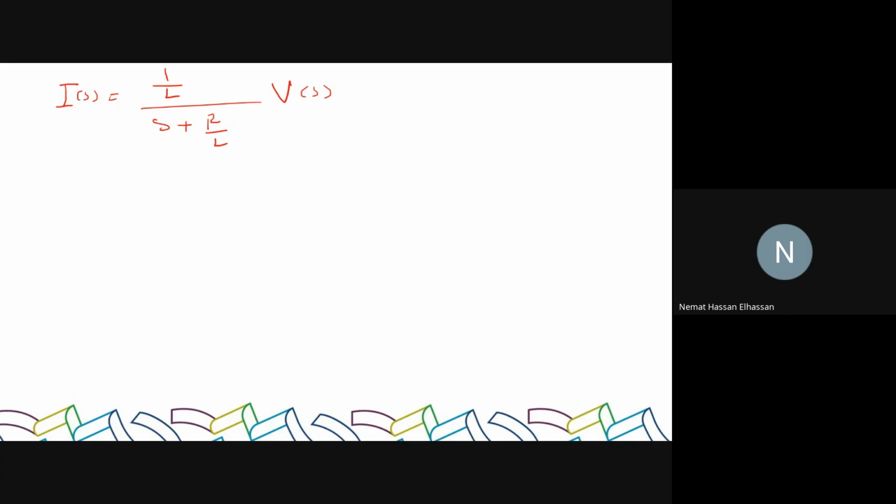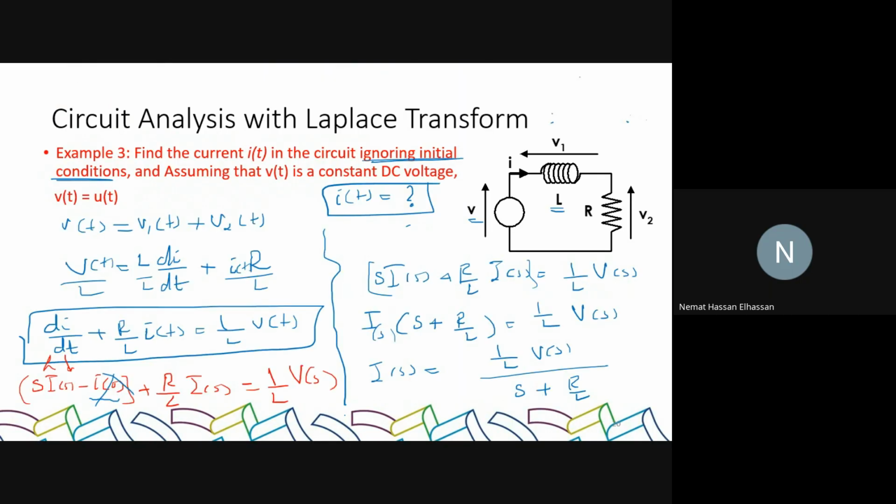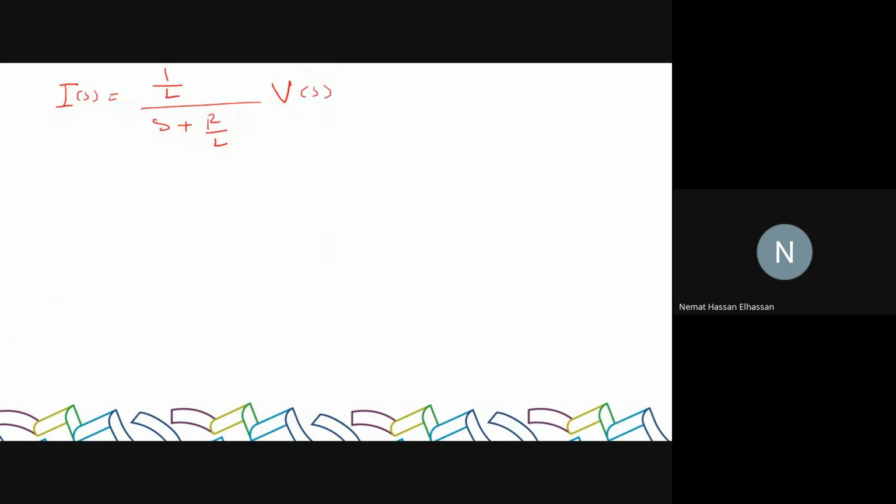Before we go there, do you have any other information that helps? V of t is equal to u of t, which means if V of t is equal to u of t, then V of s is equal to what?